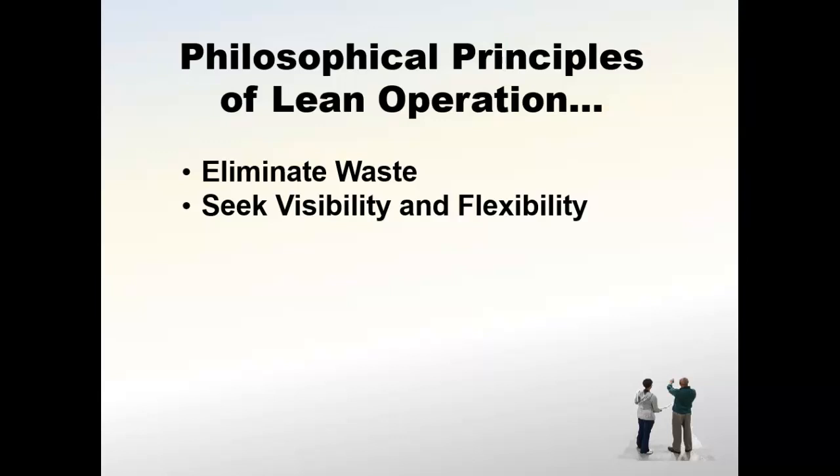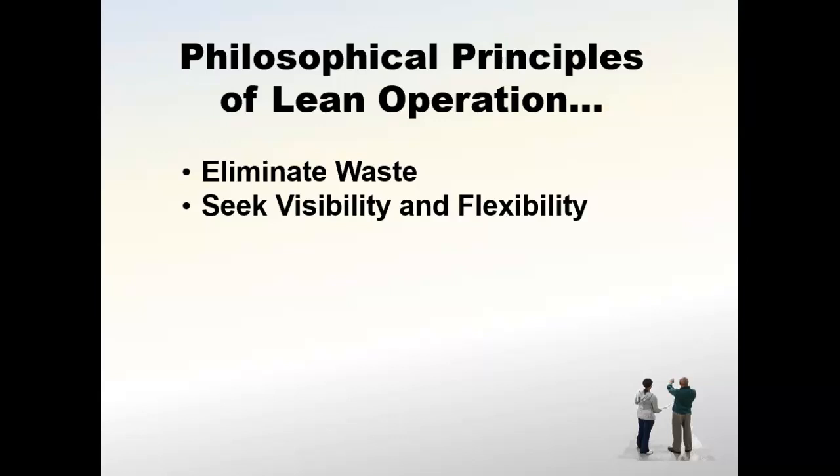Now, visibility or transparency is a philosophical thread running through many of the different aspects of lean operations. Visual systems communicate information through their appearance, and even the concept of safety stock as Muda is partially related to a desire for visibility, as stocks of unnecessary inventory can literally hide problems in the system.